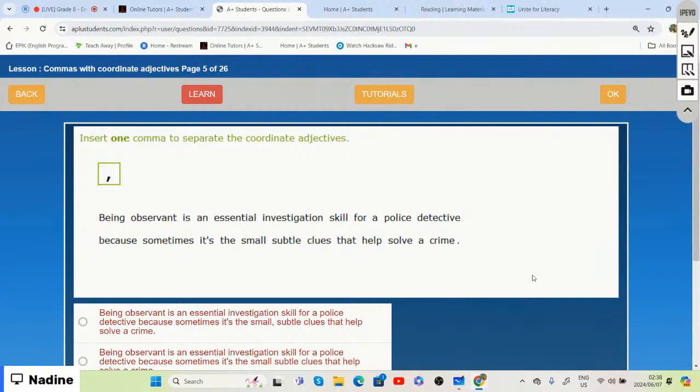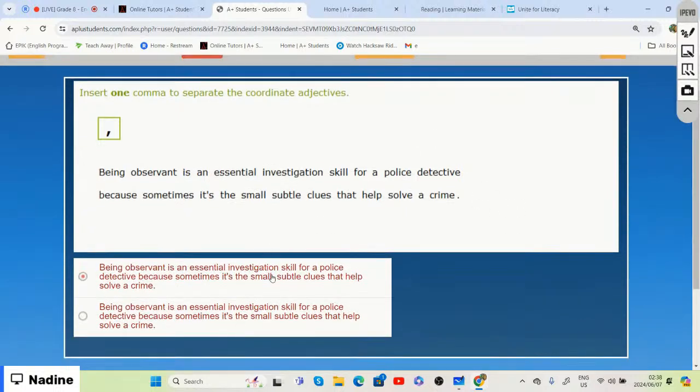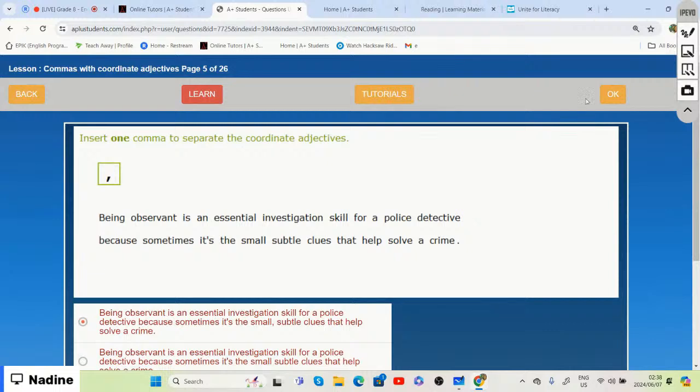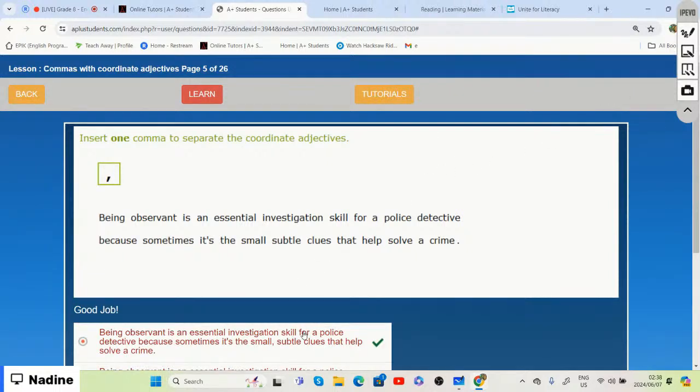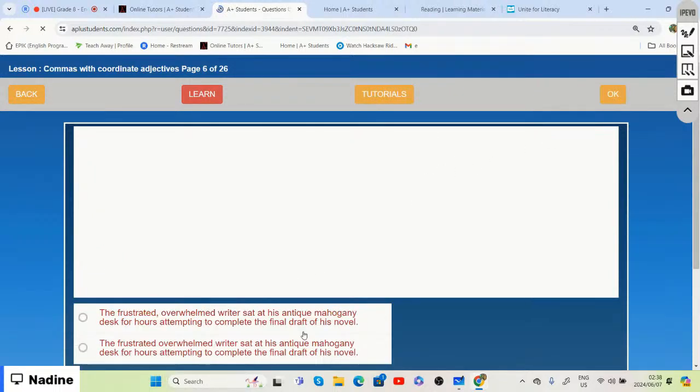All right, and if we were to identify or choose our coordinate adjective, then we would go with option one, and in front of subtle clues, that is where we're going to add our comma. So well done.